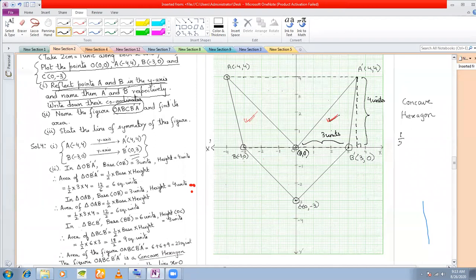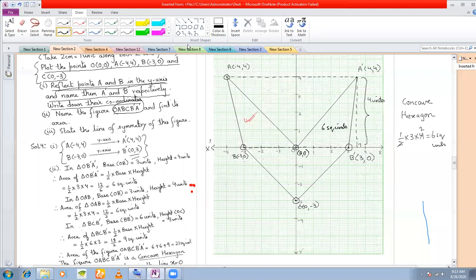Half into base 3 into height 4, which is 6 square units, right? So the area of this triangle is 6 square units.